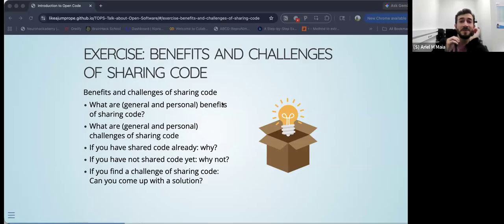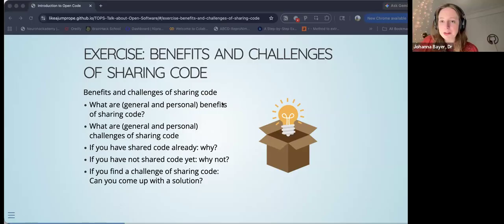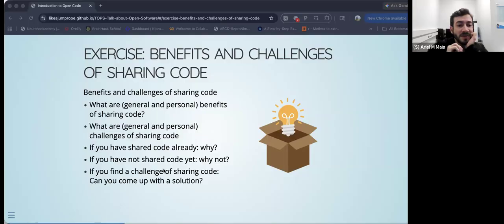I can start if you want. Can you hear me, or is it too loud? No, it's perfect. Okay. So I think one benefit is to improve quality and reduce bugs. Usually you can share your code and other people can find defects in it and try to improve it. Improve reproducibility as well.